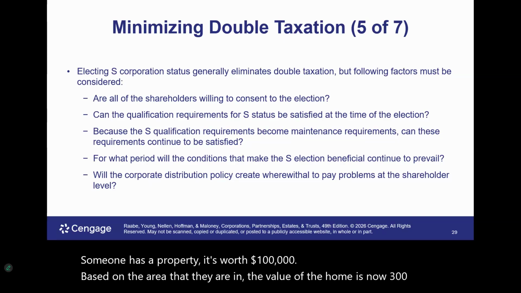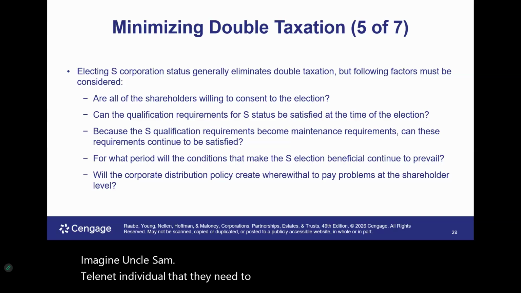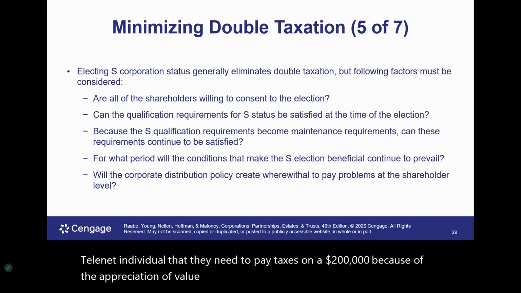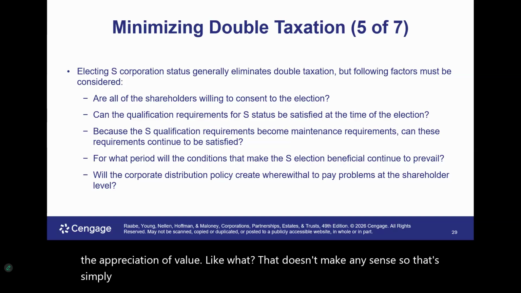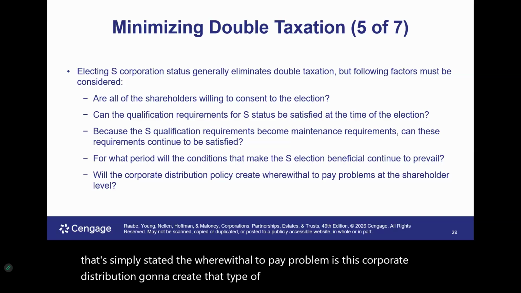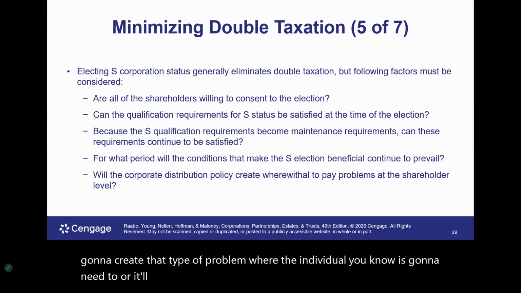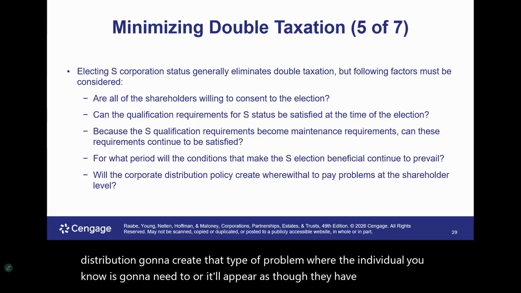Imagine Uncle Sam telling that individual that they need to pay taxes on the $200,000 because of the appreciation of value. Like, what? That doesn't make any sense. So that's simply stated the wherewithal to pay problem. Is this corporate distribution going to create that type of problem, where it'll appear as though they have income when in all reality they don't?